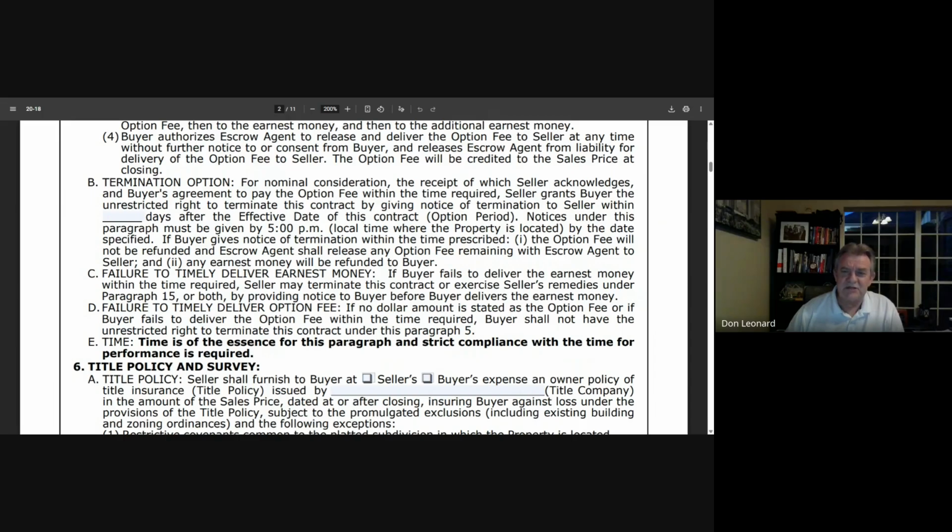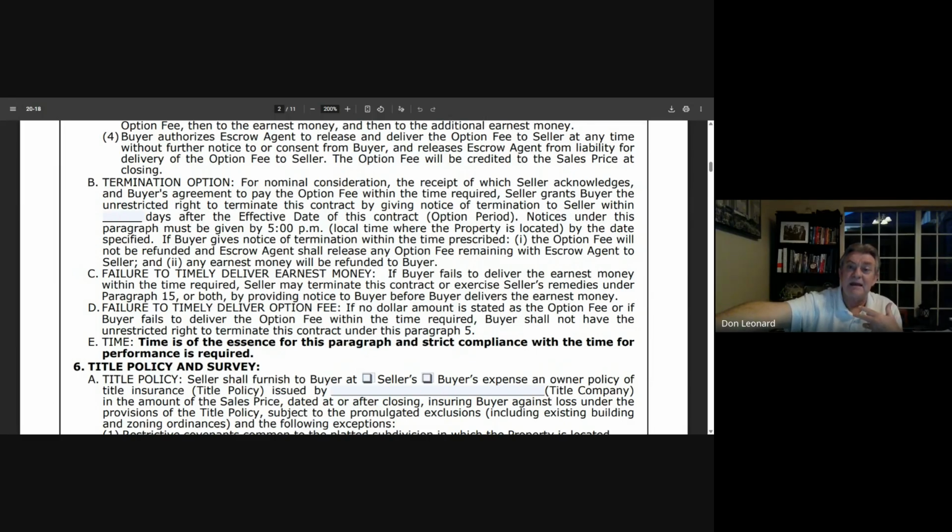The Real Estate Commission draws a distinction between the word refund and credit. The Real Estate Commission says the option fee is never, ever refunded. They don't ever get that same money back. Once they have paid that money to the title company for the seller, that money now belongs to the seller. It is their money.